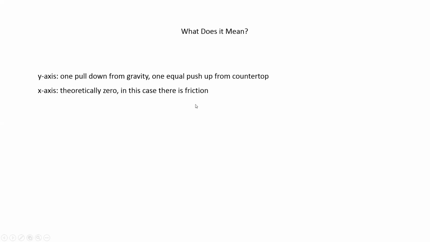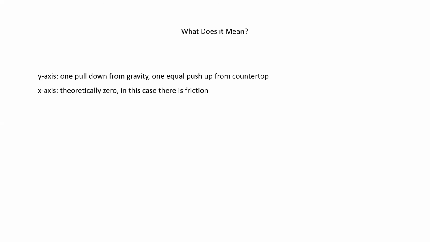Okay, so as for pushes and pulls, we know for sure on the y-axis that we have one pull down from gravity and one equal push up from the countertop to make F net 0. On the x-axis, there theoretically should be 0 pushes and pulls, but in this case there is friction, and friction on a rolling object is very complicated.